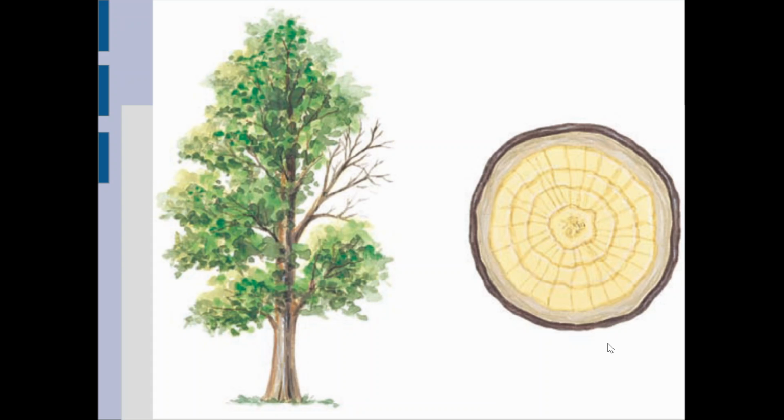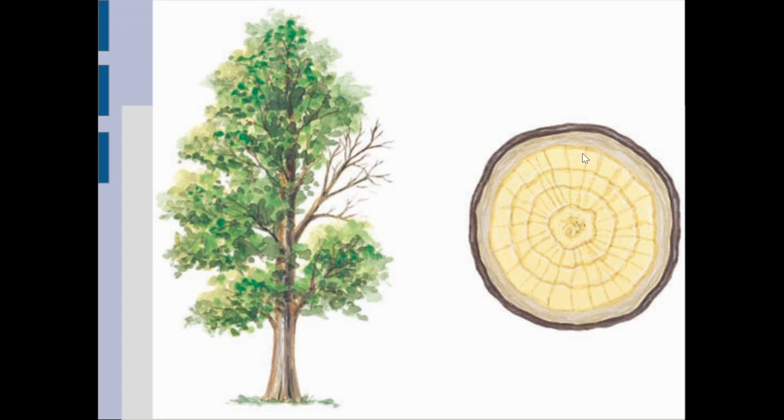These small cells are summer wood of the previous year. If we cut a section of one year's growth, increasing the size, we will see this is the previous summer wood and this is the spring wood.